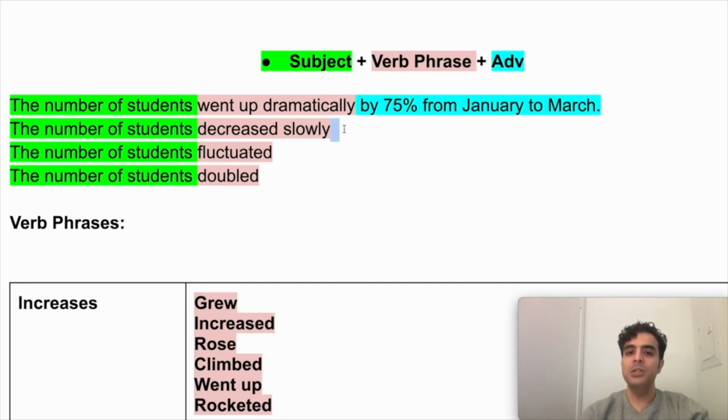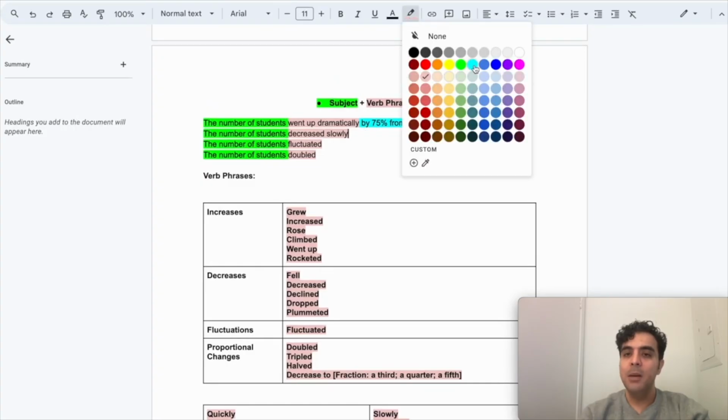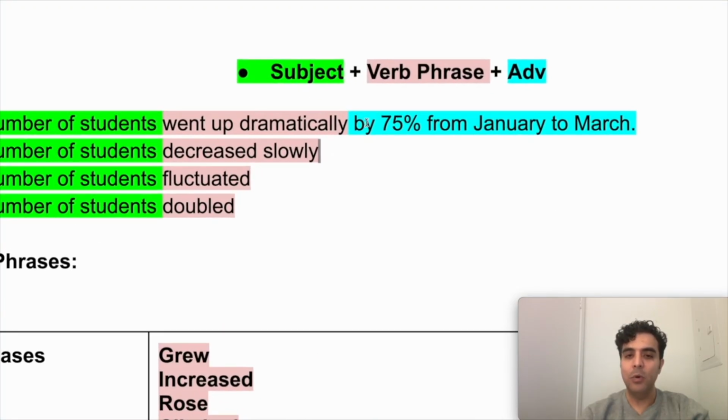Okay, now here's another one. The number of students decreased slowly. This time, I'm going to mention how much this decreased by mentioning the start and the end point. So instead, I'm going to say from, and let's say 5% to 80%. So it increased by 75%, right?